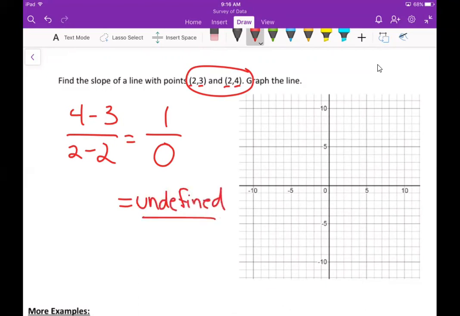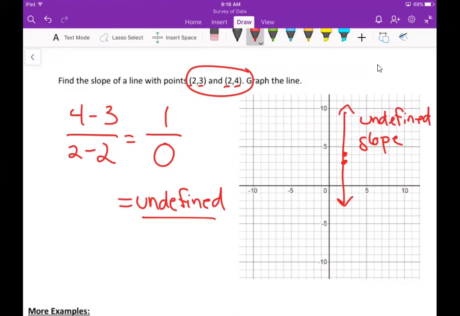So we want to visualize what kind of line has undefined slope. So plot those 2 points at 2, 3, and 2, 4. And you'll see there you get that perfectly vertical line. So vertical lines have undefined slope. That's what we call it.